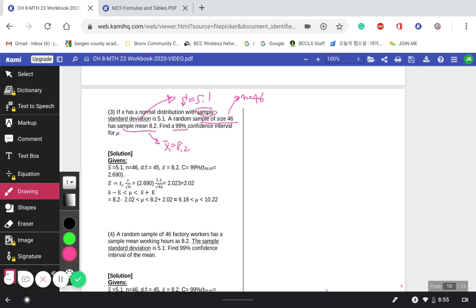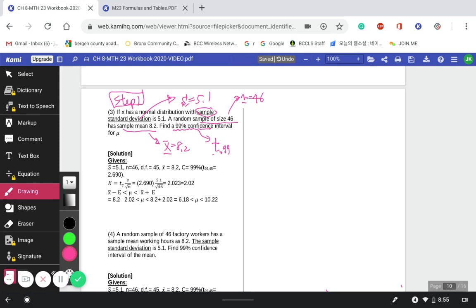Since they are asking for 99% confidence, we are looking for T of 0.99. So that is step one. You dissect, you read the question, and from there, you find S, n, X bar and T values.